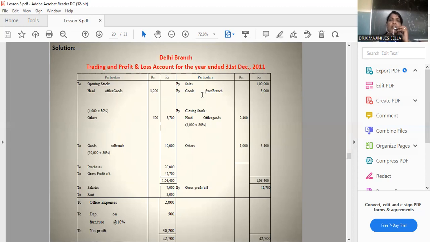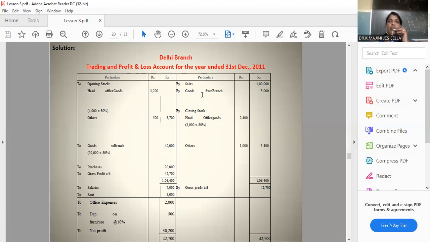Closing stock, listen to me. Closing stock, the head office goods 3,000. From that 3,000 we have to calculate 80%. Just calculate 80% of 3,000: 2,400, right? Other 1,000. Write it in the inner column. Total it.